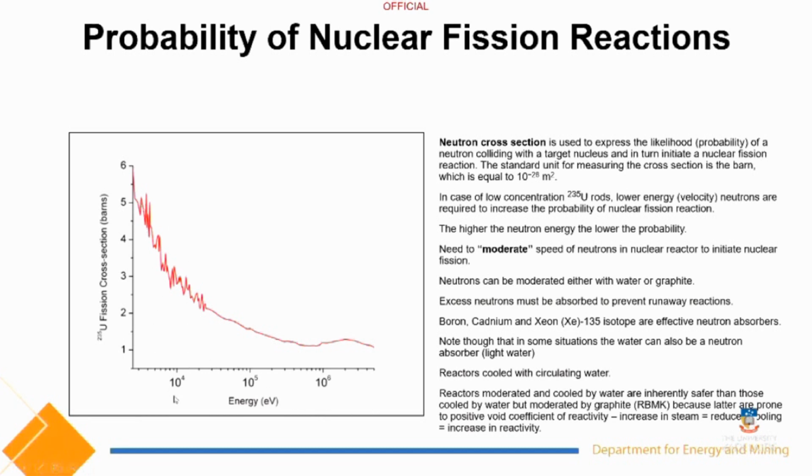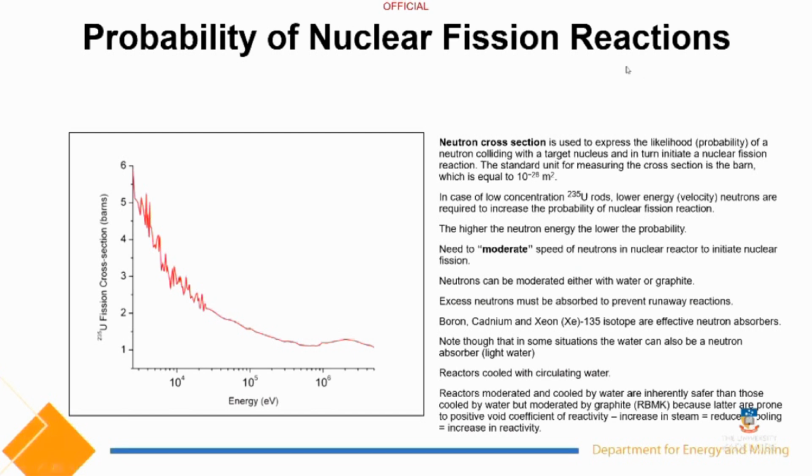As you can see, the higher the speed of the neutrons, the lower the probability of actually initiating a fission reaction. So in the case where you have, and it's mostly the case because uranium-235 is a very rare substance to find, even though South Australia is a big producer of uranium-235, you have low concentrations of this in what we call the enrichment fuel rods.